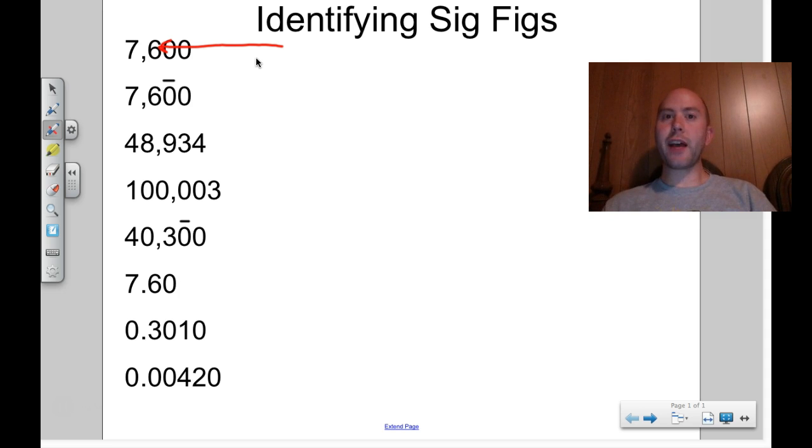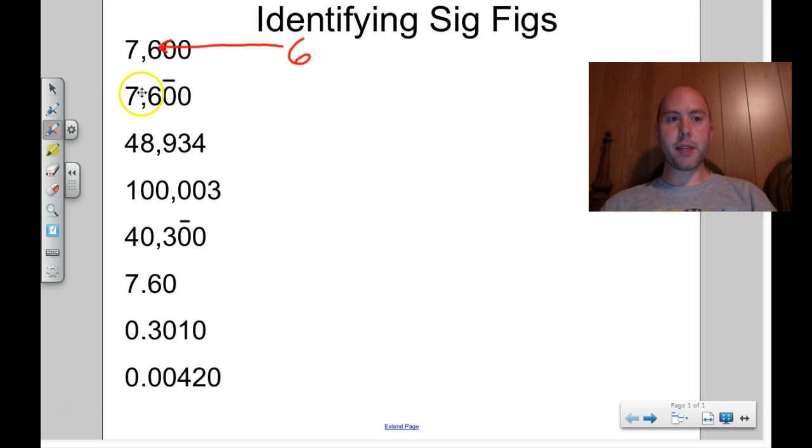It could be 7,800. It could be 7,328. It doesn't matter. I know for a fact it's 7,000 something. I just don't know about that number. So the more sig figs you have, the more accurate the number is. So in this case, the 6 is my uncertain digit.